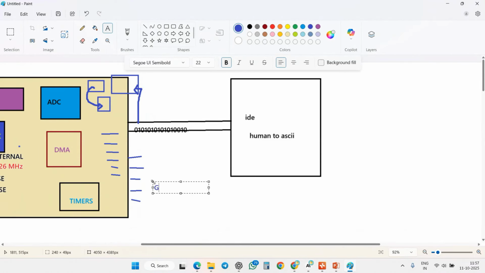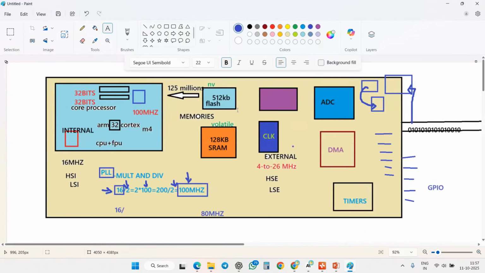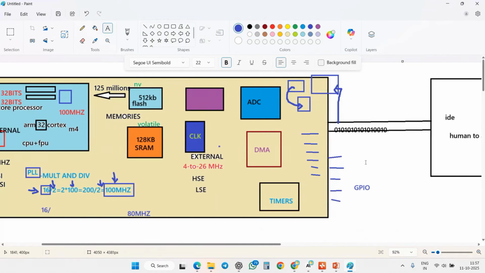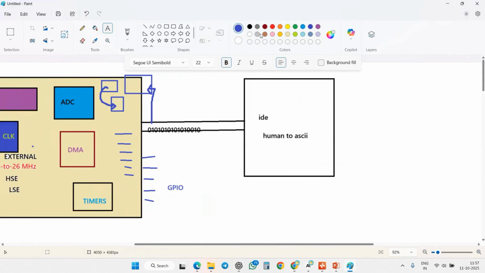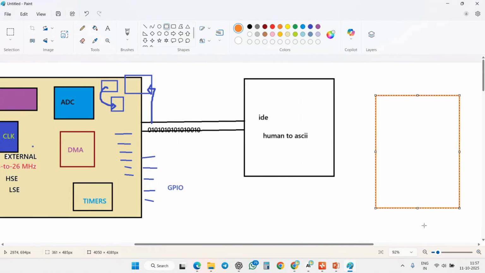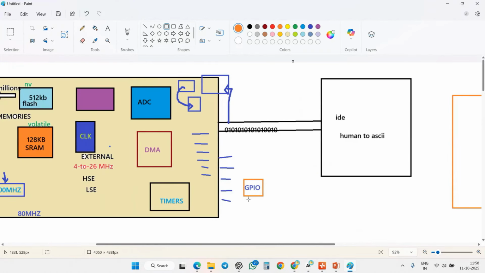GPIO stands for general purpose input and output. Even though you have a chip, without the GPIO pins you can't use it for any purpose. It is like your cell phone: if you and your friend want to communicate, you use a mobile phone, and that mode is called GPIO.